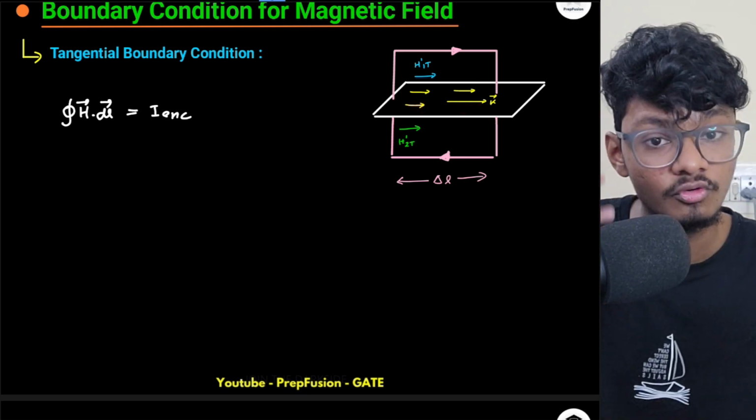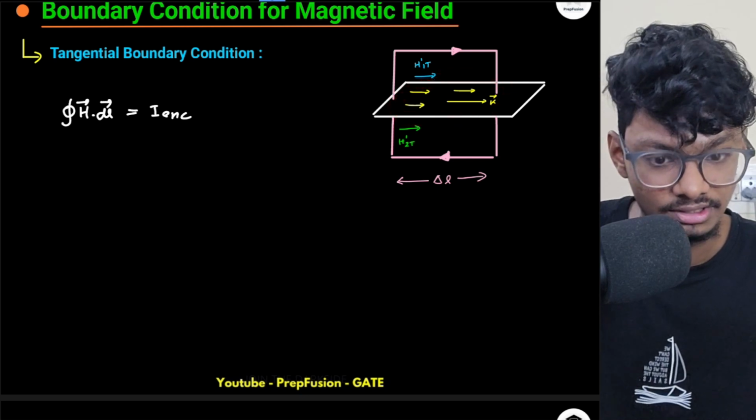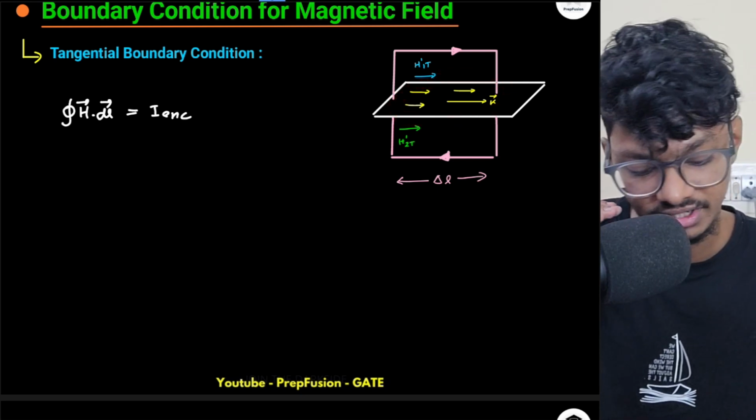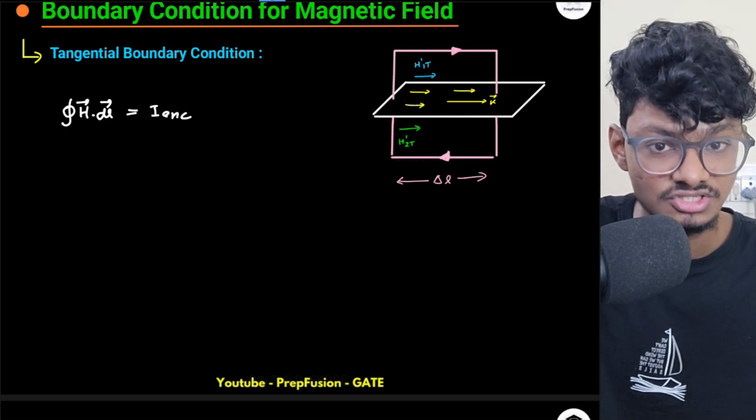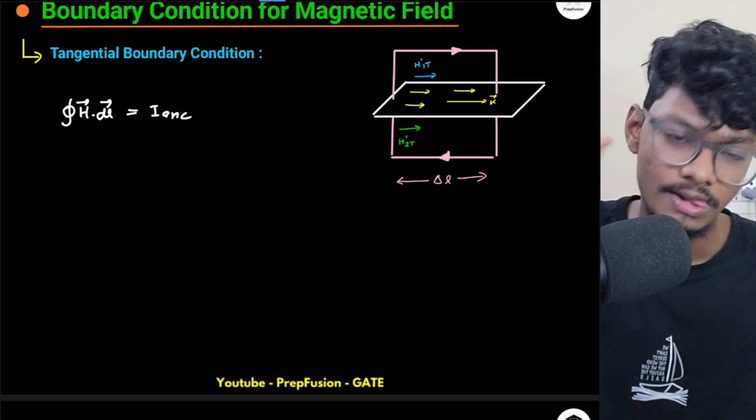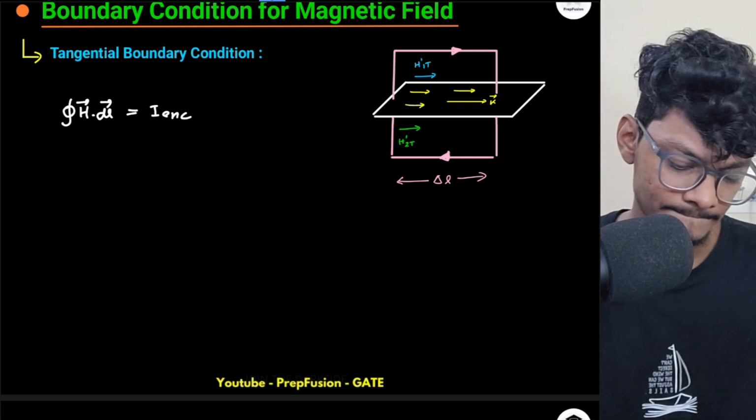And if you remember, it is like an infinite sheet, and at the top of the infinite sheet and the bottom of the infinite sheet, the field is a straight line. That's why I have chosen a rectangle or square, whatever you want to choose.